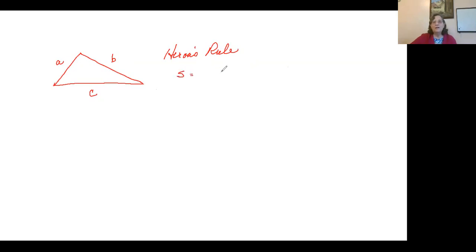S in Heron's rule is 1/2 of the sum of the sides, or 1/2 of the perimeter.